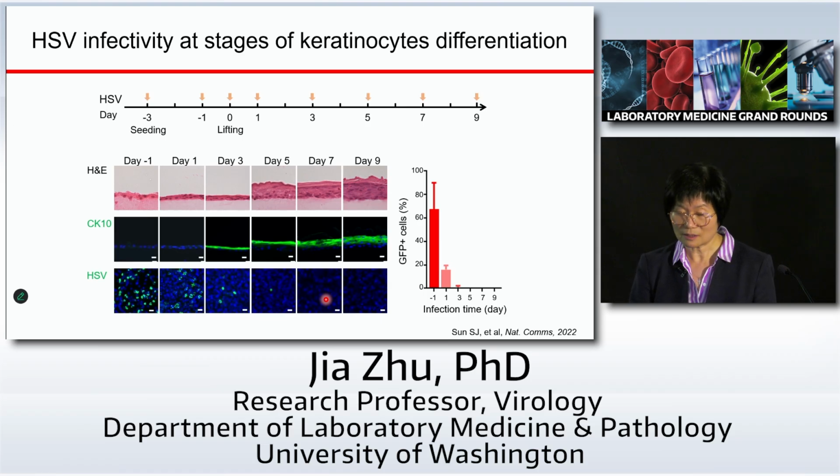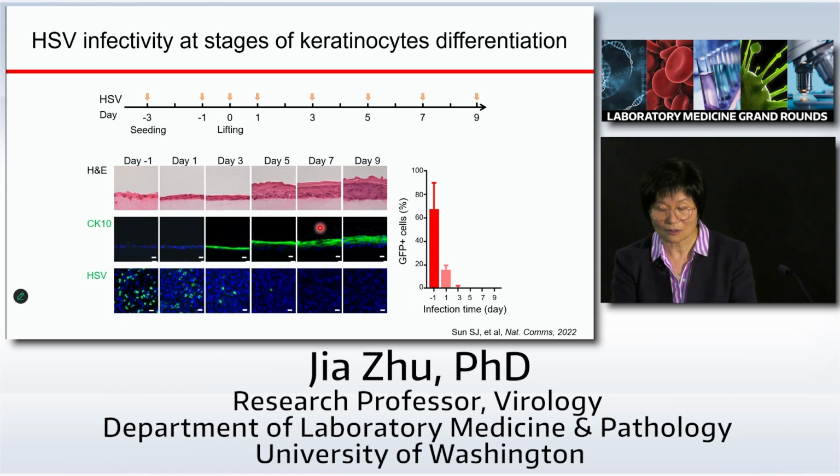So this result really indicates that basal keratinocytes are the most susceptible target for HSV. And those non-replicating differentiated cells are more resistant to HSV infection. So this data also highlights the importance of the intact barrier function in preventing viral infection.